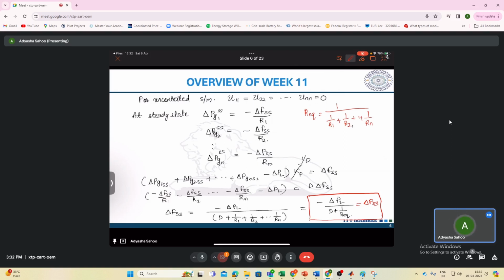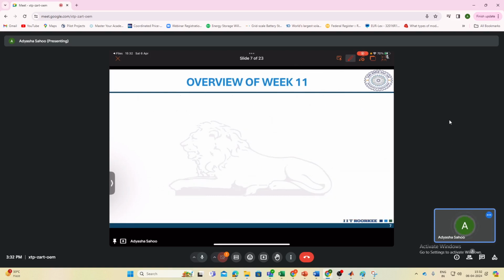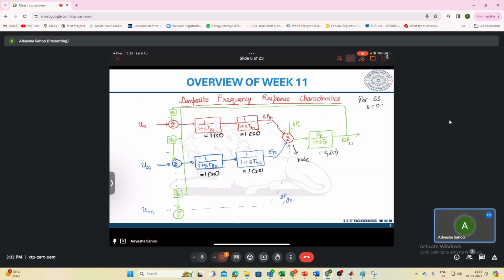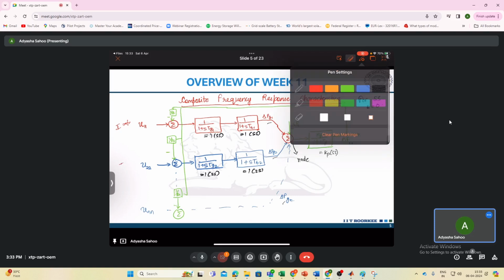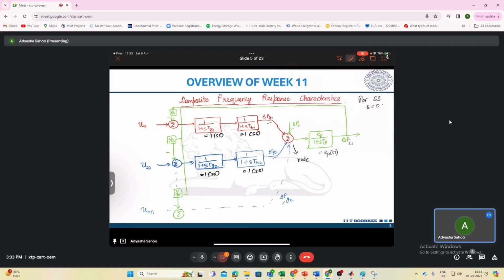Now let us add the integral controller to the system. So what will happen is, we had seen, right, before this u we'll have the integral controller.